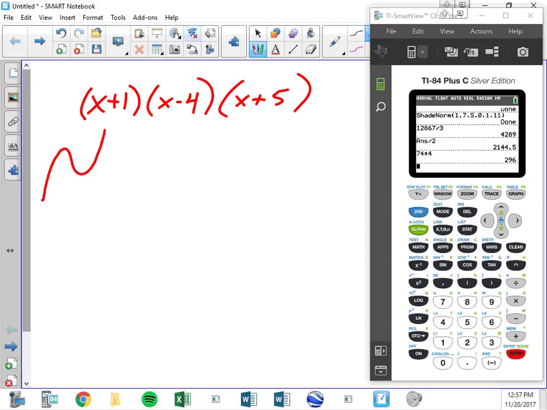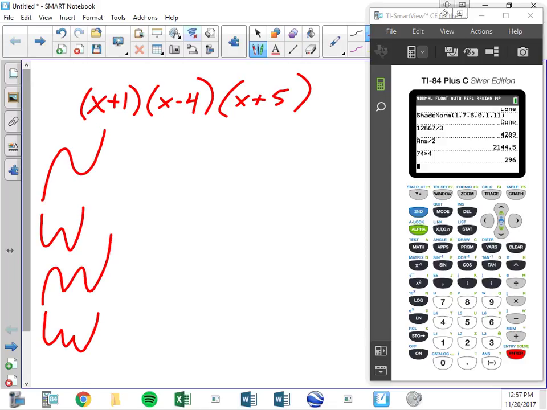What does an x to the fourth equation look like? A W. What does an x to the fifth look like? It just has one more turn. So this would be x to the fifth, and this would be x to the fourth, or x to the sixth, and so on. Right?